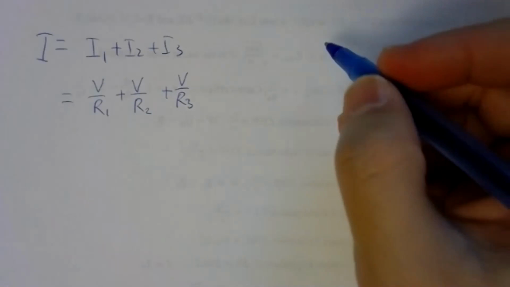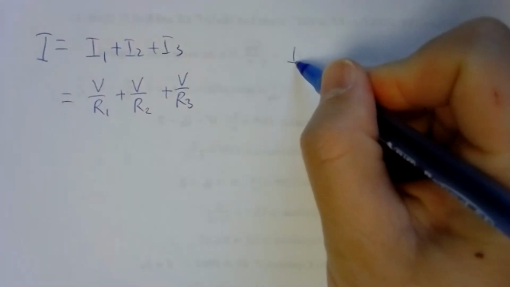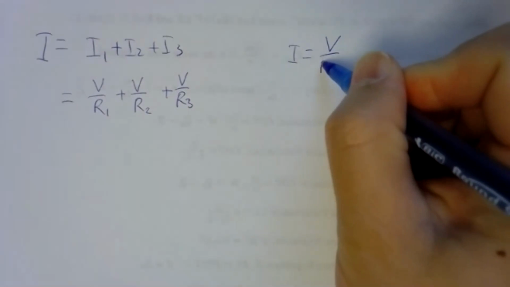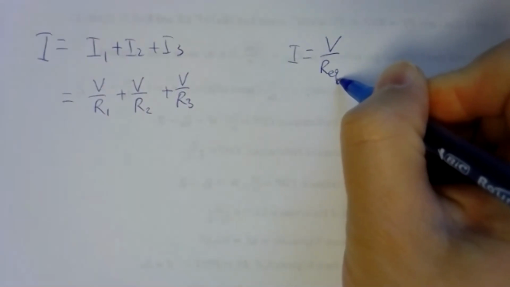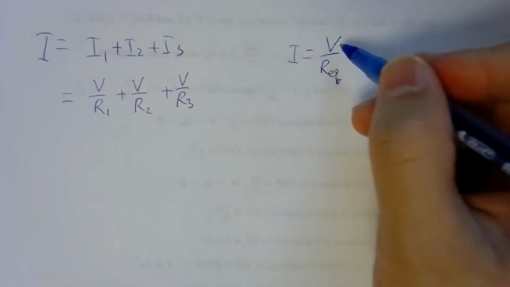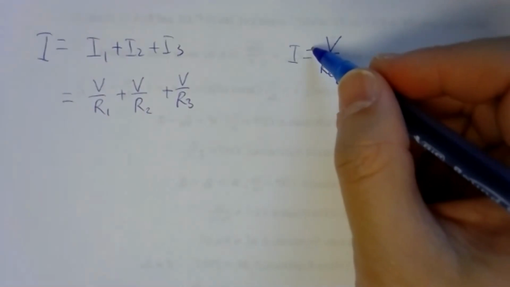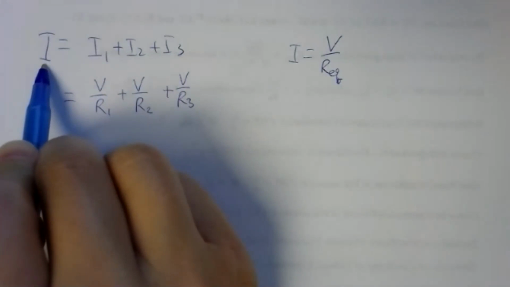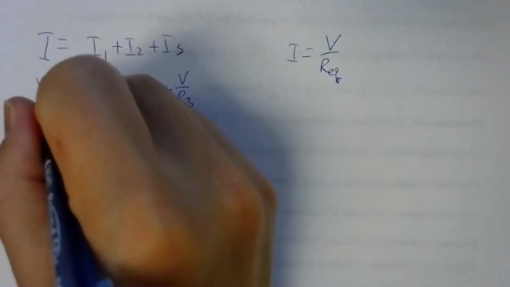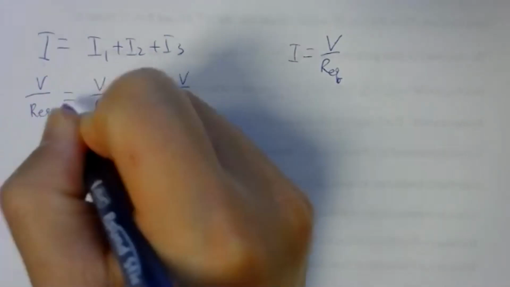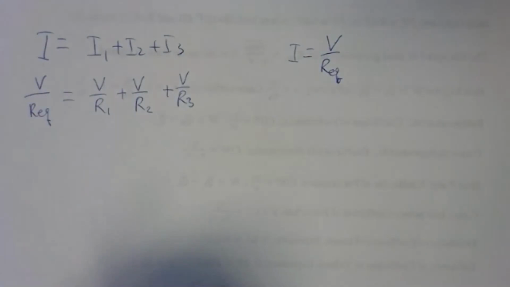Now, if you replace the combination of the resistors in parallel with an equivalent resistor, then the current going through that resistor will be V over R_EQ, the equivalent resistance. This is the voltage from the battery, so you can say V over R_EQ is equal to this sum.